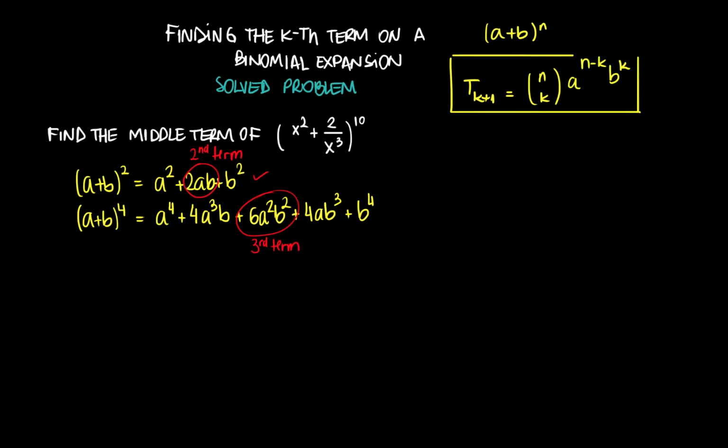So we can figure out a generic way to represent the middle term. Let's say we have (a plus b) to the power of n. The central term, or the middle term, is going to occur exactly at n over 2 plus 1.